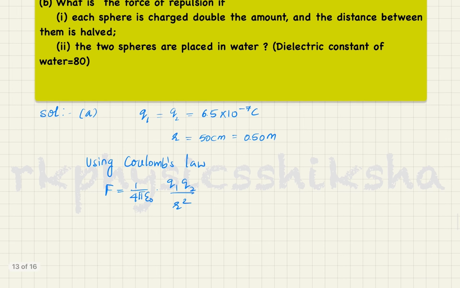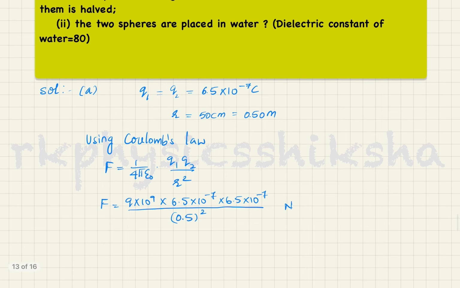We know the value of 1 by 4 pi epsilon naught is 9 into 10 to the power of 9, and Q1 and Q2 are each 6.5 into 10 to the power of minus 7, whole divided by 0.5 square, in newtons. This is the force.